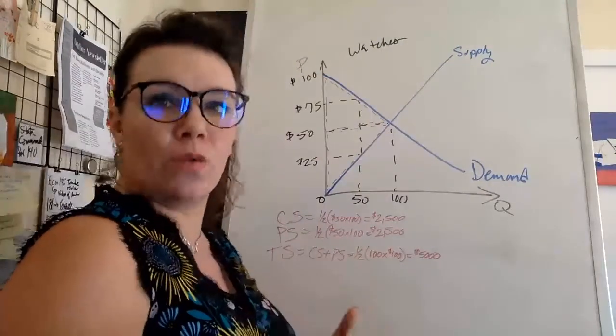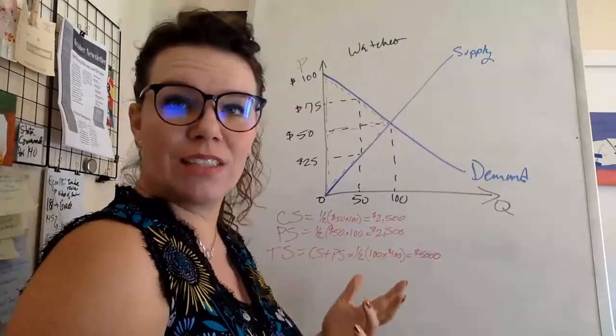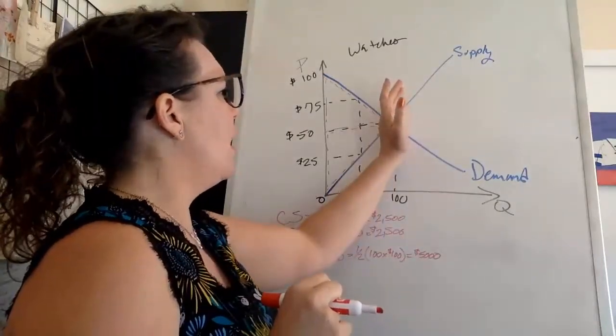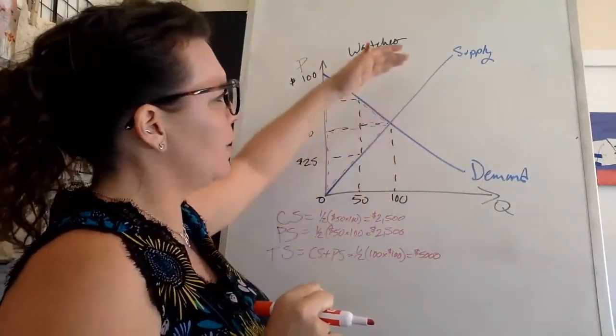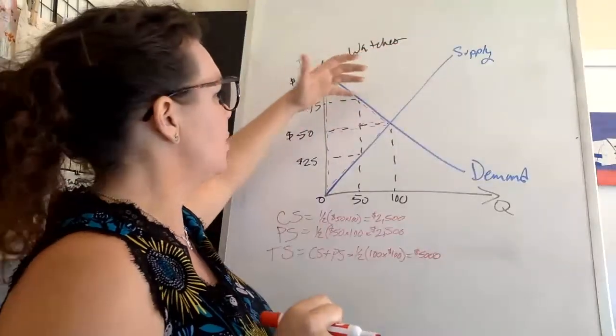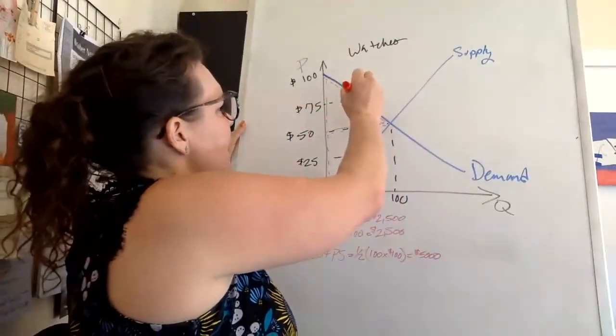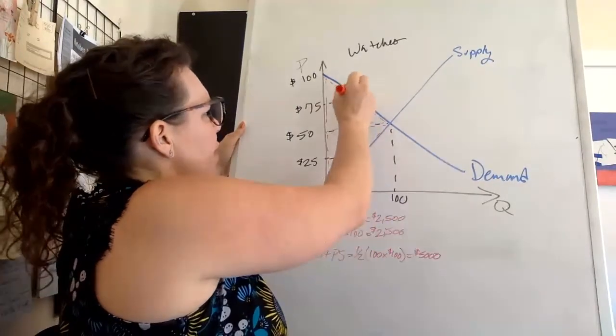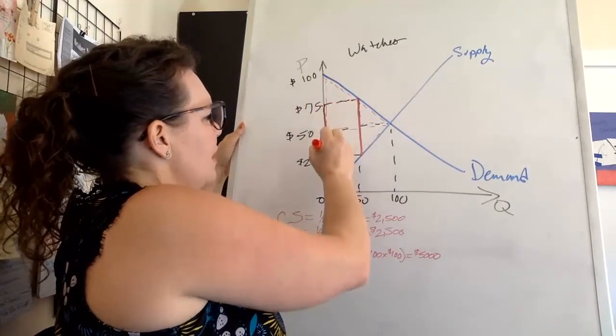But we know from all the conversations we've had about taxes that it doesn't matter who you impose the tax on. So we're going to see that we can shift the supply curve up $50, and you can see here, this is $50 between the price that sellers get and the price that buyers pay. That's going to be our tax.